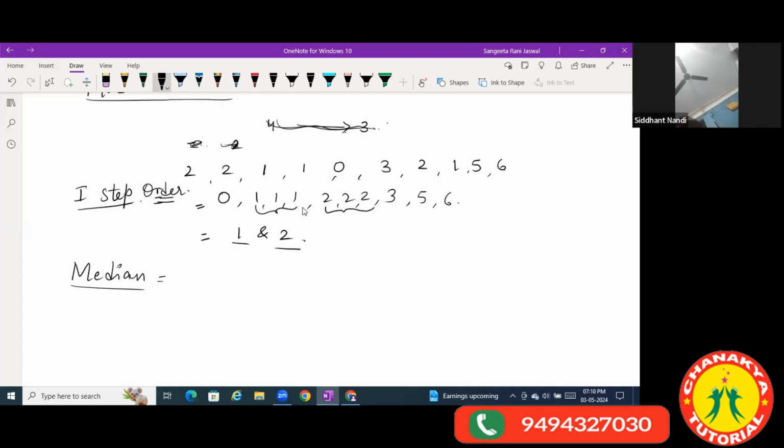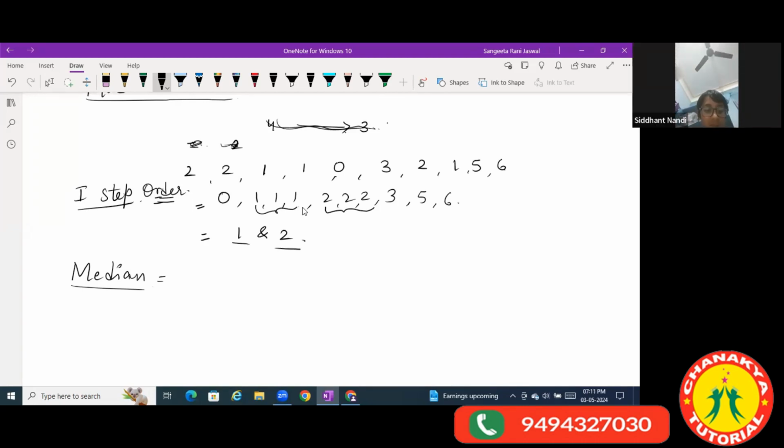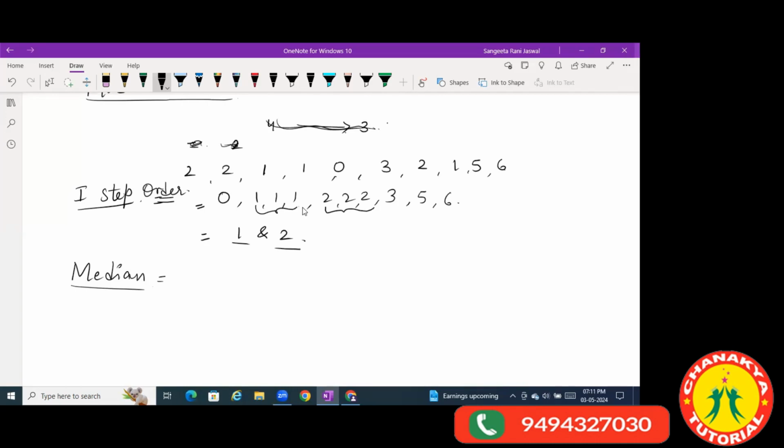Because it will be easy for us. We will do that part also. The tabular form we have done. I think you attended the previous lecture? Yes, we were doing the tabular form only. So we'll do that.